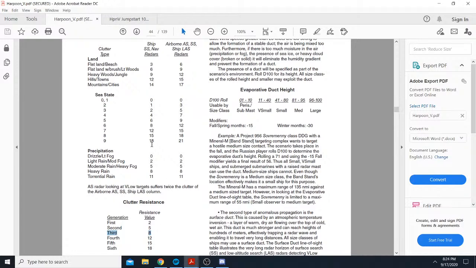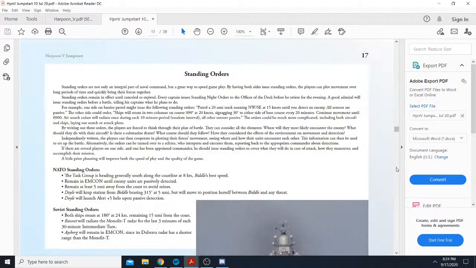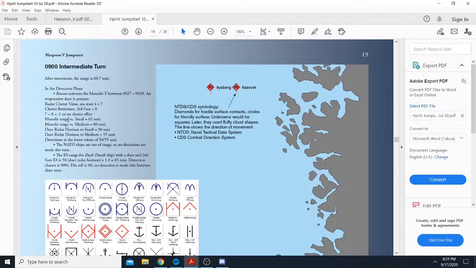In the jumpstart scenario, as a direct example, they start with the Monolith T of the ROSFET, and then there's a radar clutter value. You see that? Sea state 4 adds up to 7, and they subtract the clutter resistance, so it ends up being a -4.